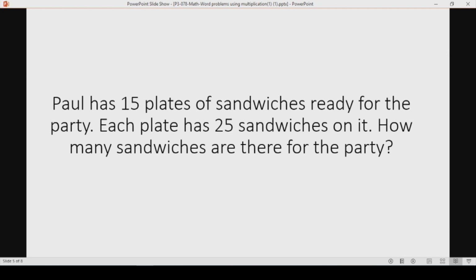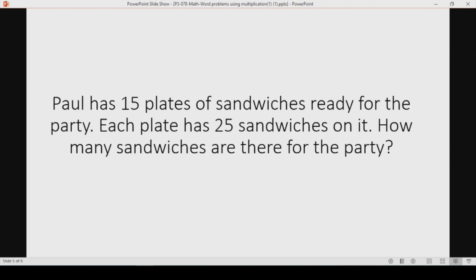So first thing, we write 0 in the ones column. 2 times 5. 2 times 1. 2 times 1 equals 2 plus 1 equals 3. Okay, so what's the answer for step 2? 300.